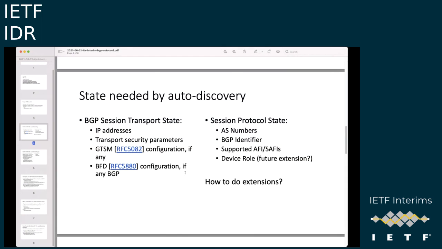And if not, my proposal for the people on this call, several of which were on the design team, is that the design team document is updated to make sure these things are clear in terms of what we think the required transport state is, that the session protocol state would be discovered via PHP open, that we'd provide a hint inside of the auto discovery protocol that the version has changed and you need to check again, and that we do want to have some ability in the discovery protocol to have extensions for the future.